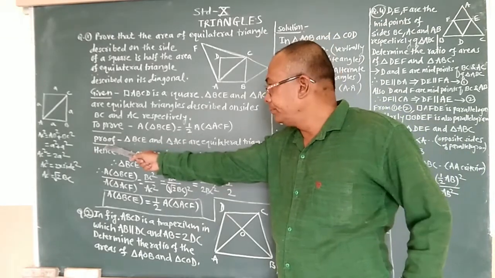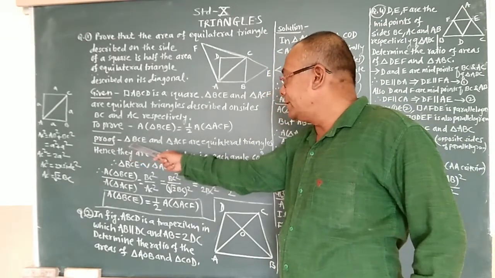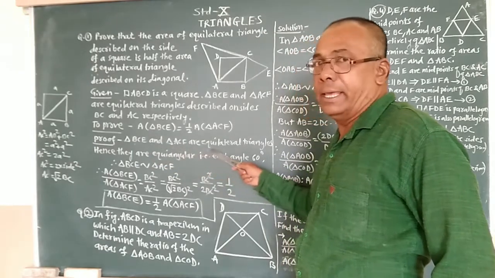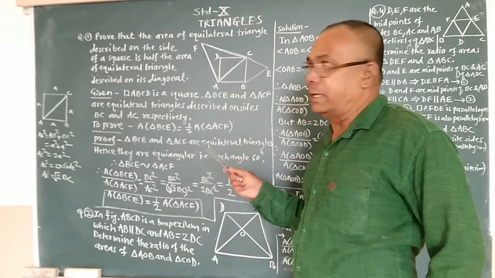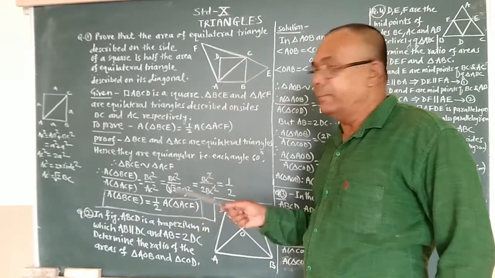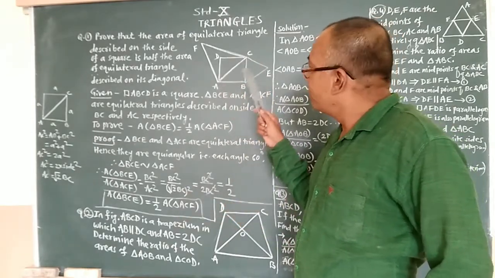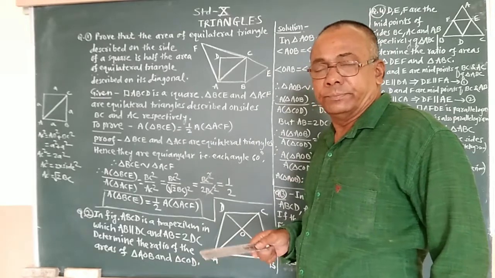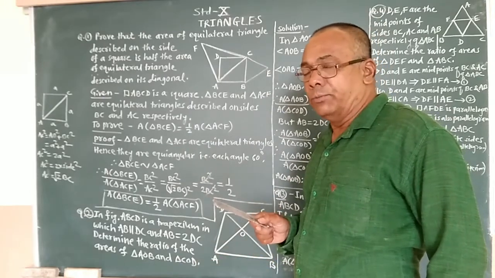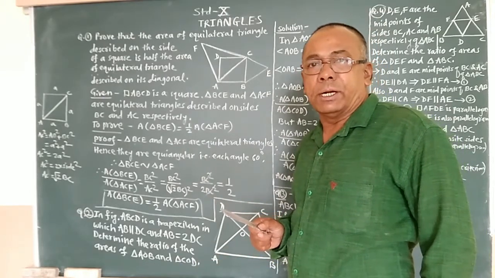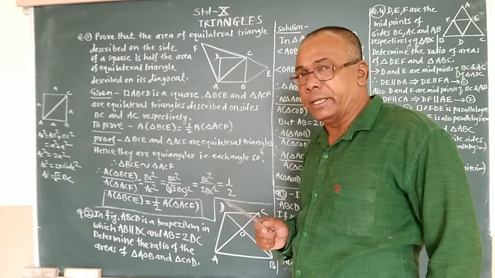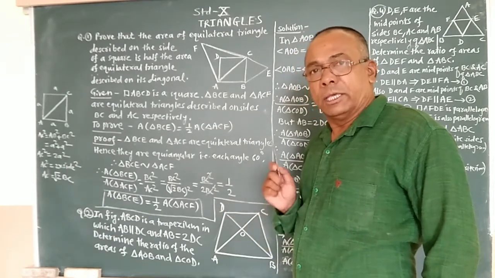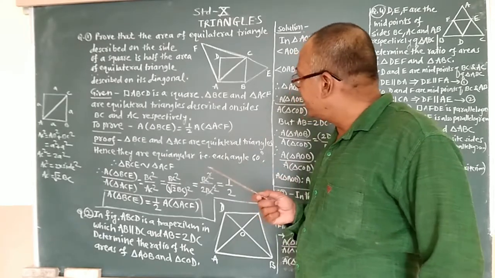So triangle BCE and triangle ACF, we know that both are equilateral triangles. It is given in the question that both the triangles are equilateral, and we know that each angle of an equilateral triangle is 60 degrees.